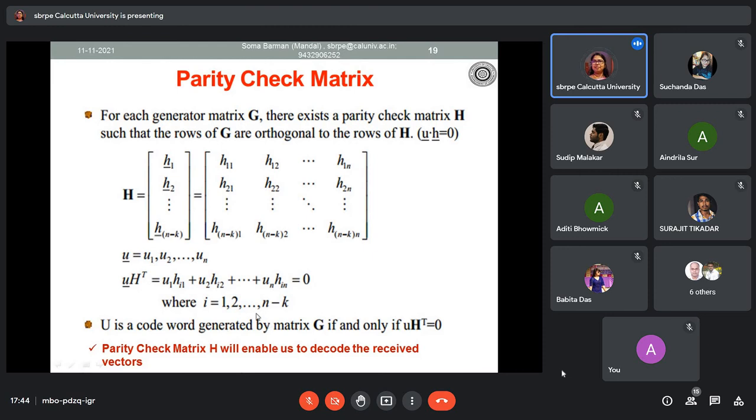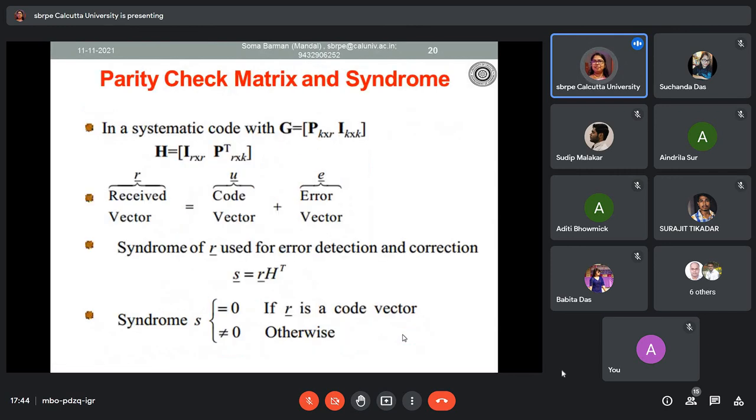Using this condition, you can check whether there is an error or not, and this is called the syndrome calculation. The syndrome is used to check whether there is an error within the received message.